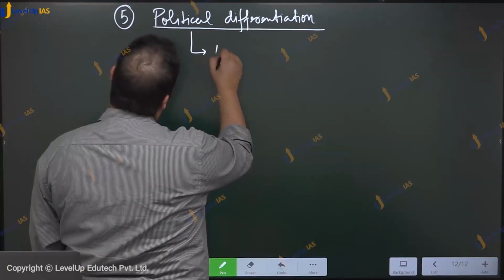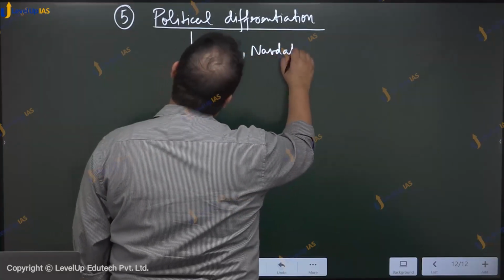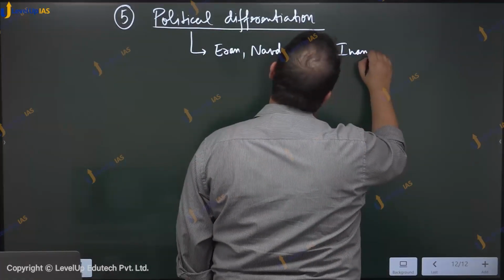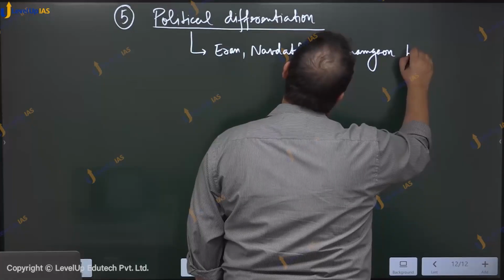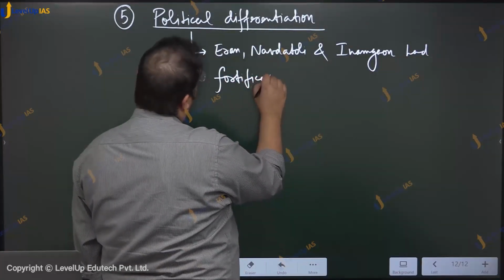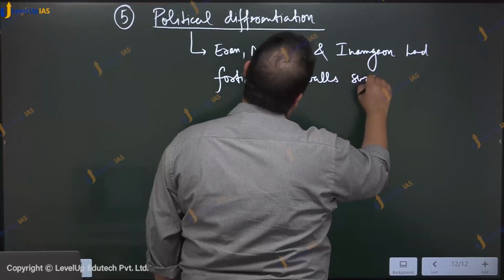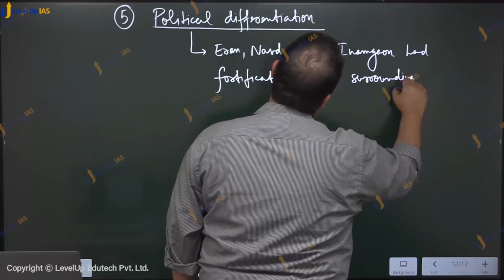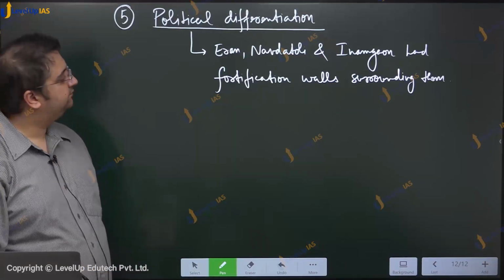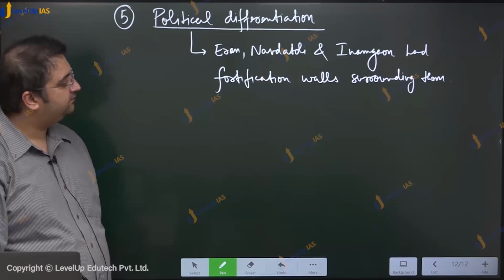The settlements at Iran, Navdatoli, and Inamgaon had mud fortification walls surrounding them. Full stop.